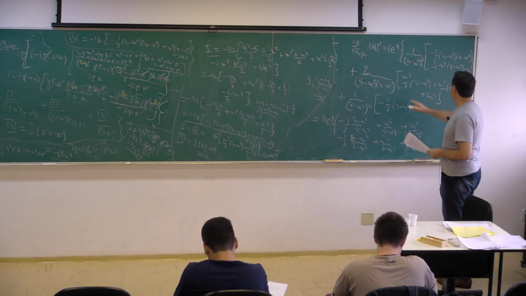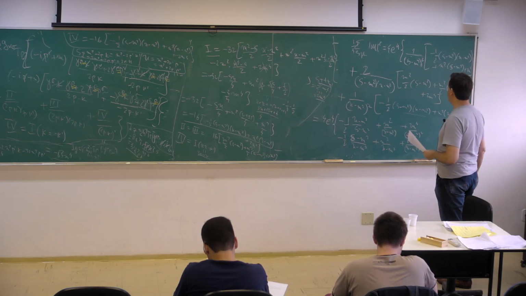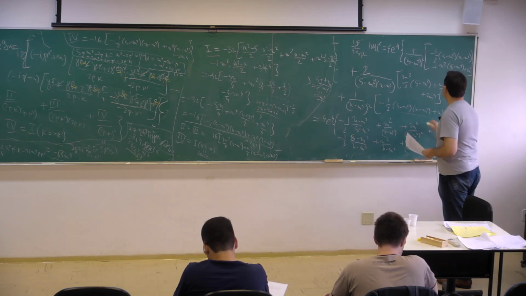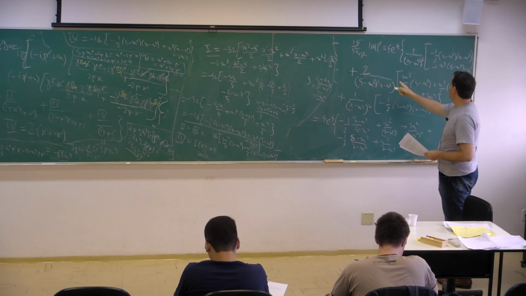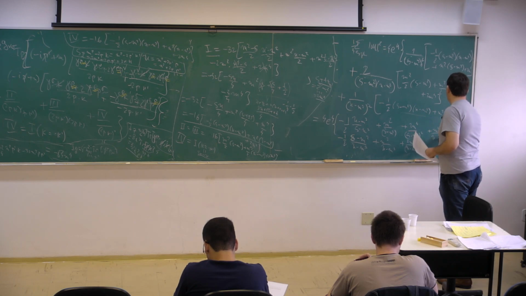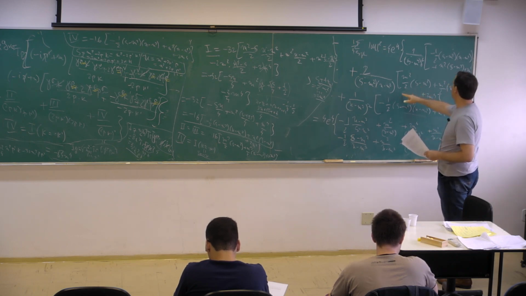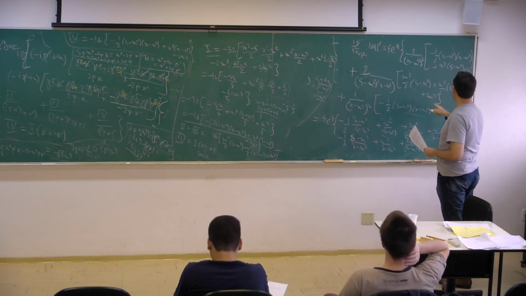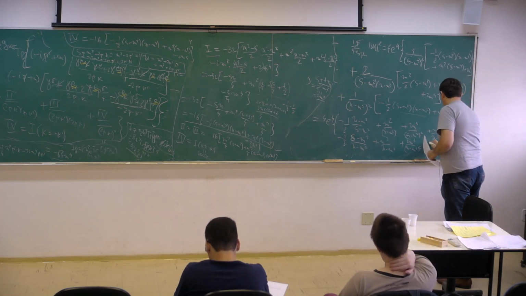And then these terms in the middle. Together I have m squared over (u minus m squared), and then m squared over (s minus m squared).